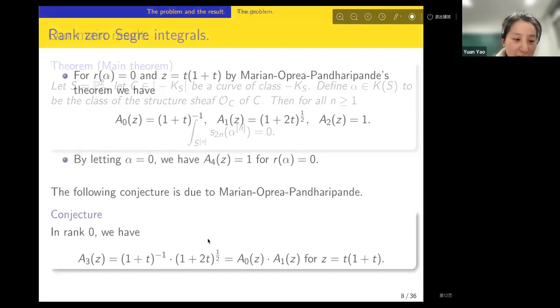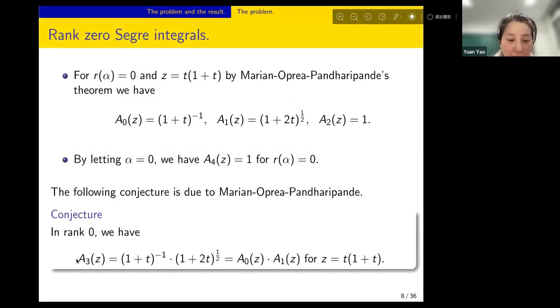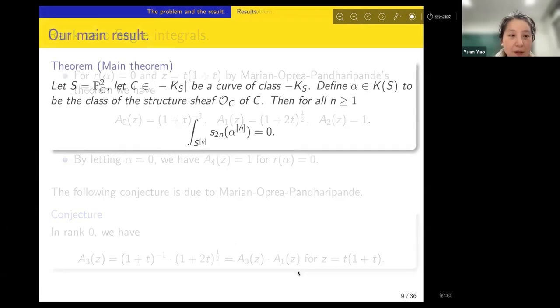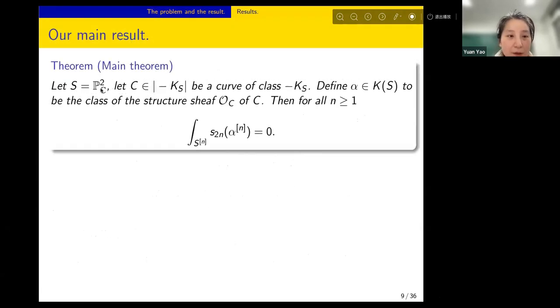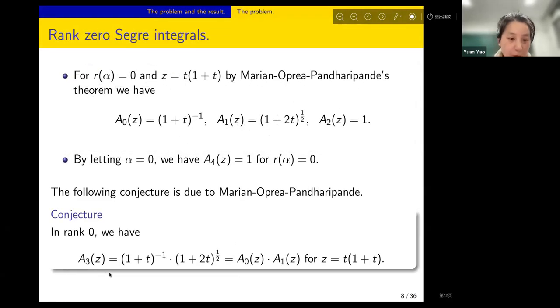So our result is we prove this conjecture. That's our main result. Since these are universal series, we only choose one surface. You fix the surface and you compute the Segre series.